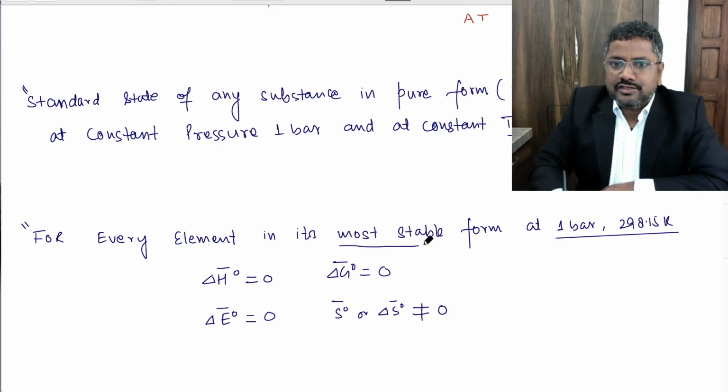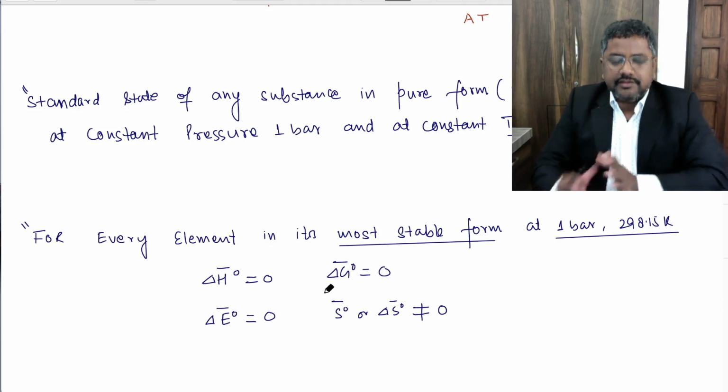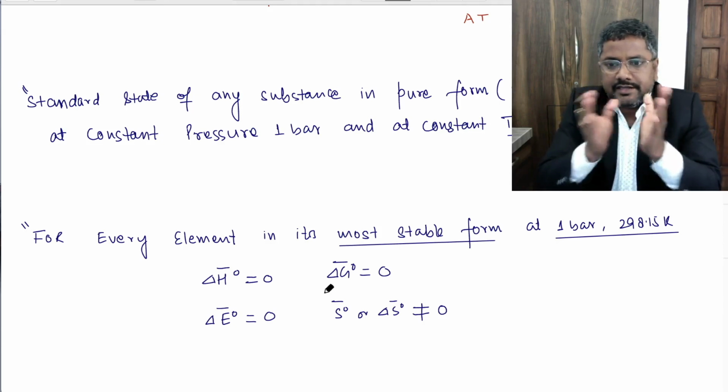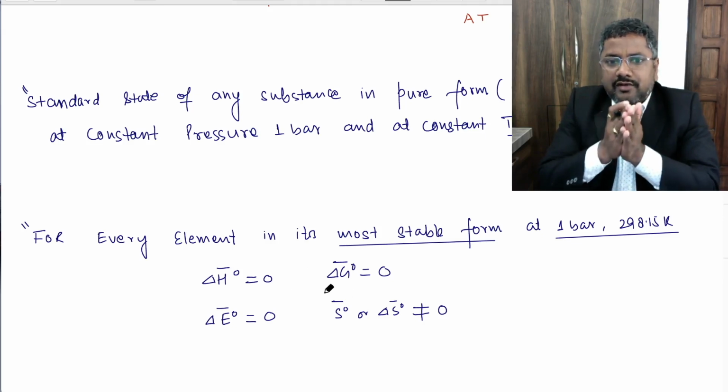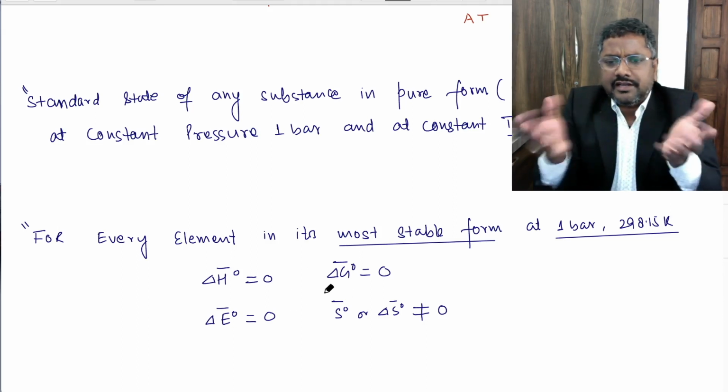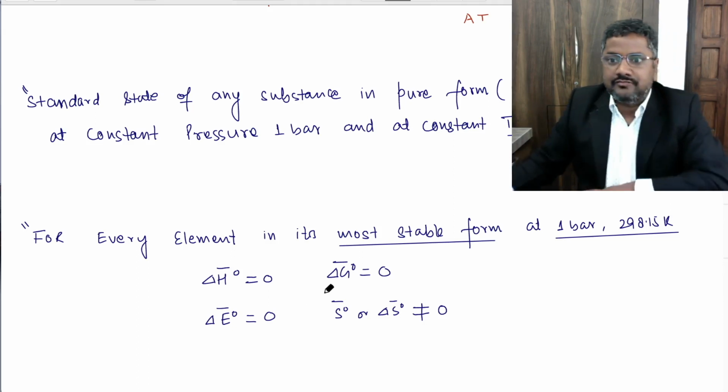See, most stable form means the formation of an element in its most stable form, delta H, delta E, this is a convention basically. So we are taking this equal to 0 at this reference point.